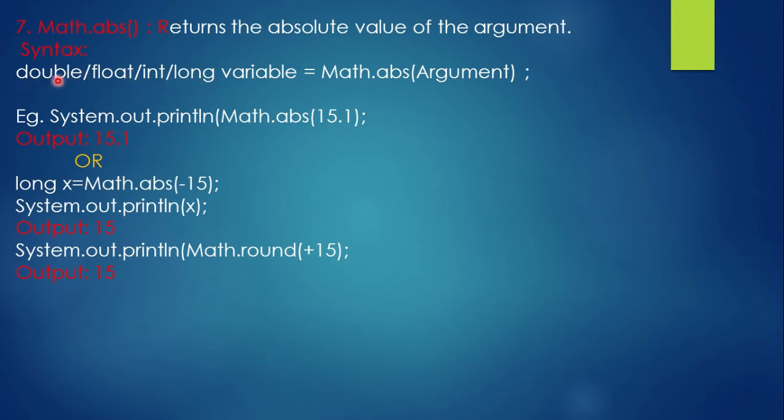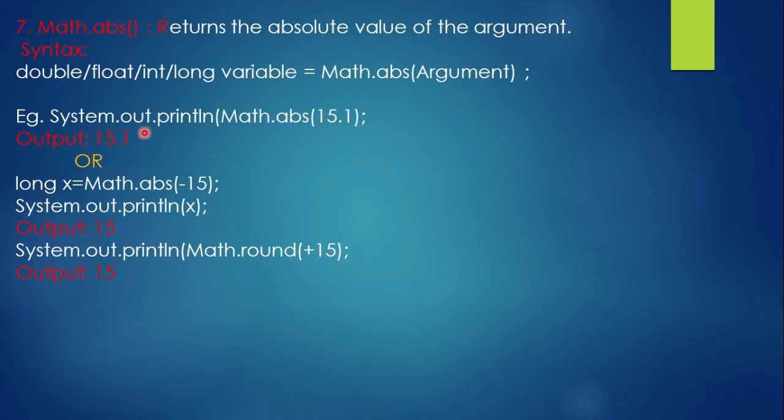If you give a double input, your return will be double. If you give float, you get back float. If you give int, your answer will be int. If you give long, your return will be long. So the return type depends upon the argument you supply here.